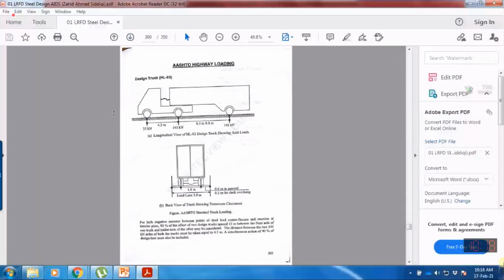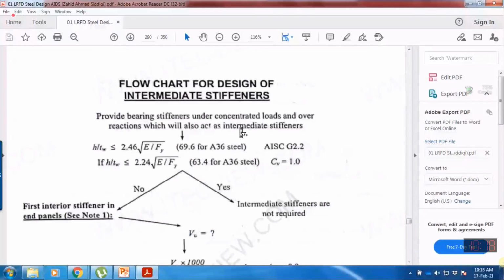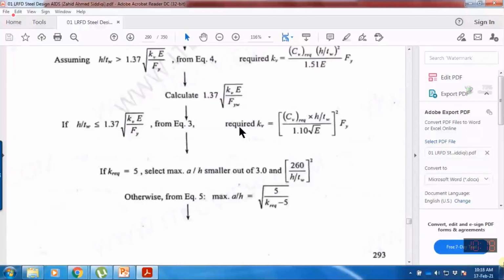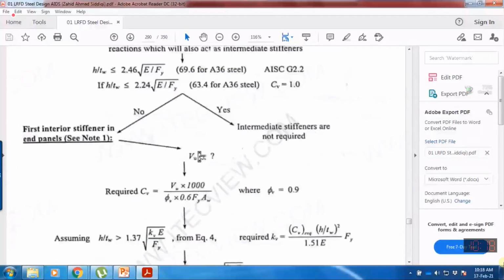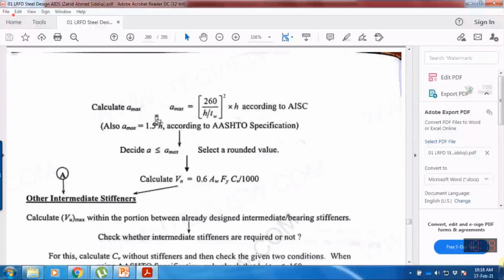Yes. From page number 293. Yes, here. From page number 293 onward, we have this complete design procedure. So you can consult this design flow during the examination. You just need to understand what values you need to substitute in each situation. So you need to follow this complete design flow that I am going to explain, from page number 293 onward.